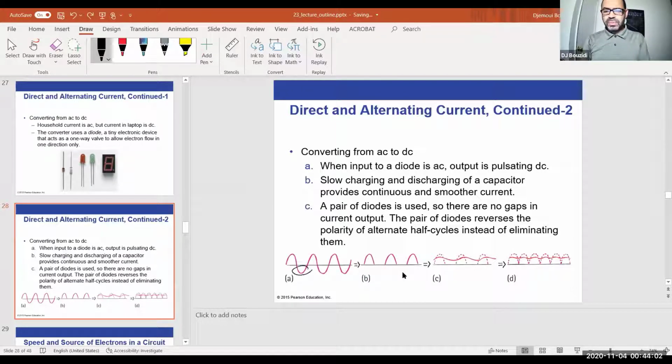So if the current flips and becomes in the opposite direction, it's going to simply ignore it. The light won't go on. So for this negative one, the light will not show. But you do them in such a way that they are actually happening not every half cycle, but every cycle.